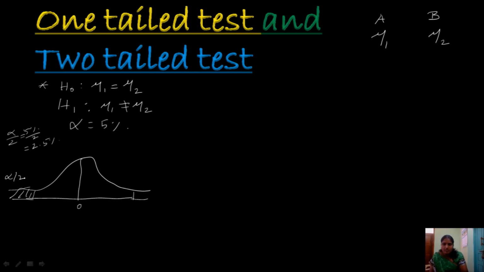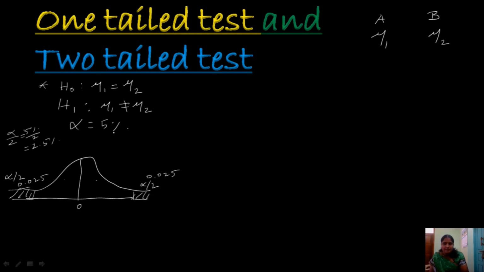This is the region alpha by 2 that falls in the two tails of the normal curve. That means alpha by 2 is 0.025 in decimals. The area under the standard normal curve is exactly equal to 1, with 0.5 on the left hand side and 0.5 on the right hand side.